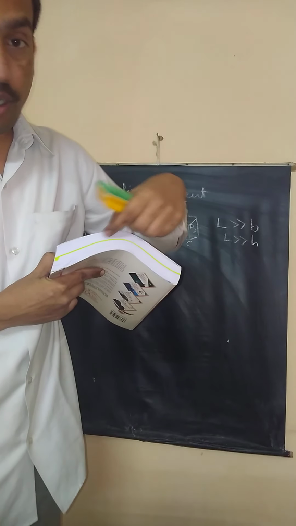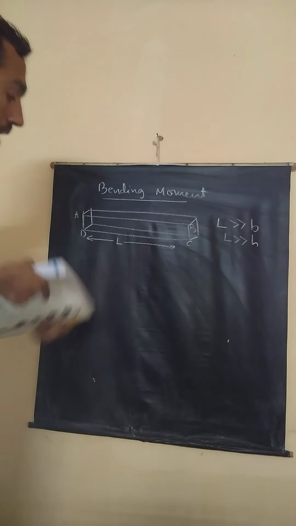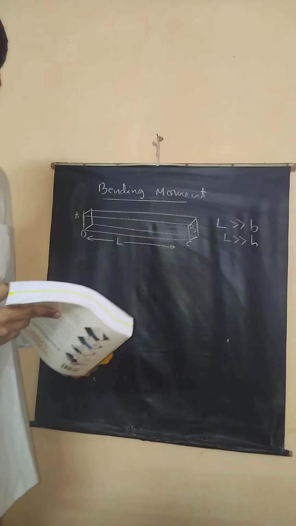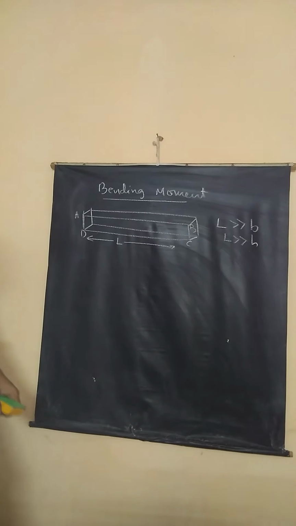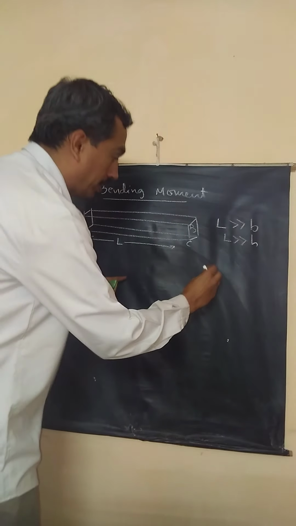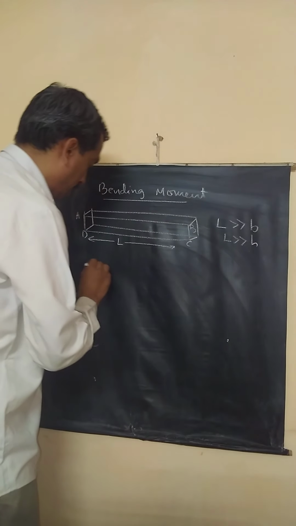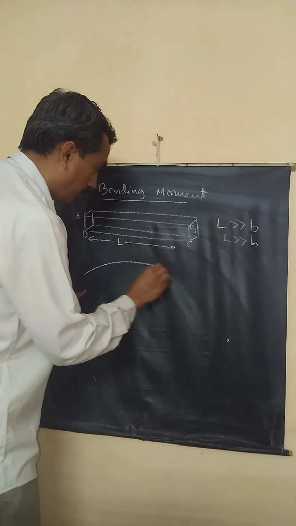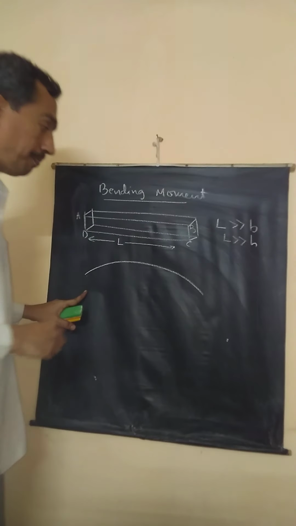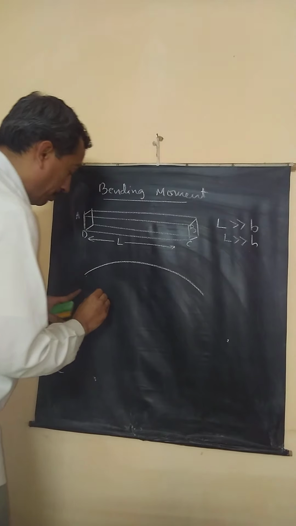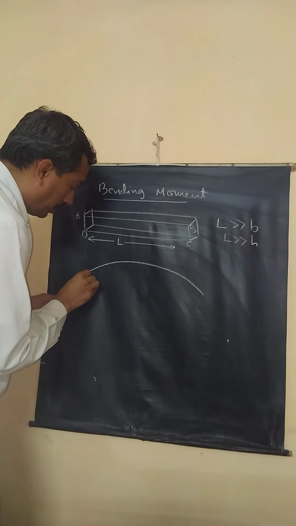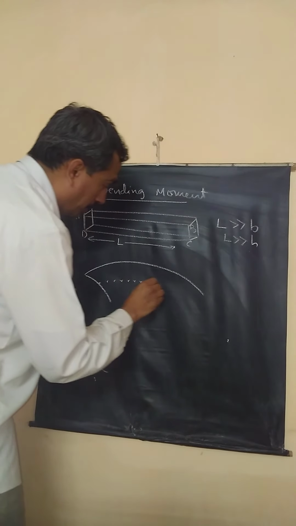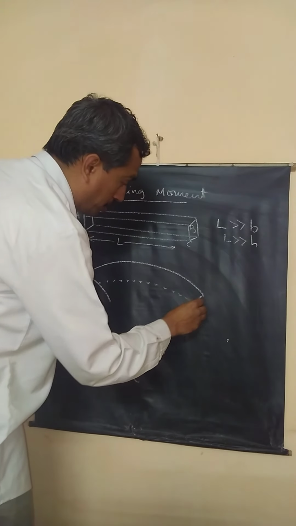Now, I will draw this figure here and show you the neutral axis. So, when this is bent, it looks like this. What I have to notice is that a layer in this beam does not get affected.